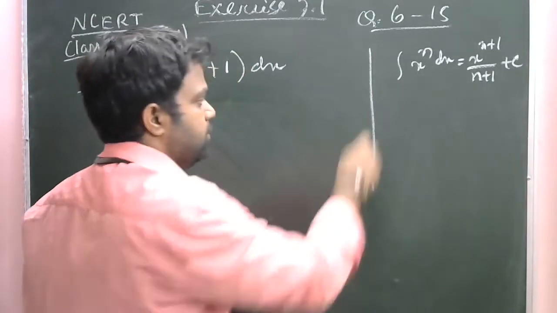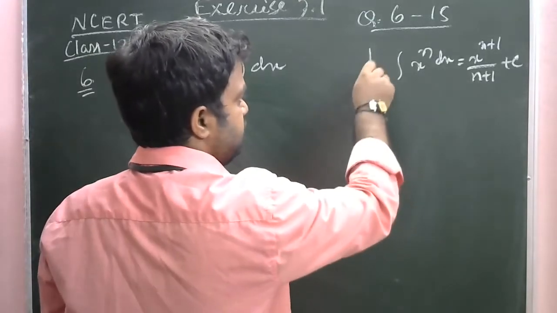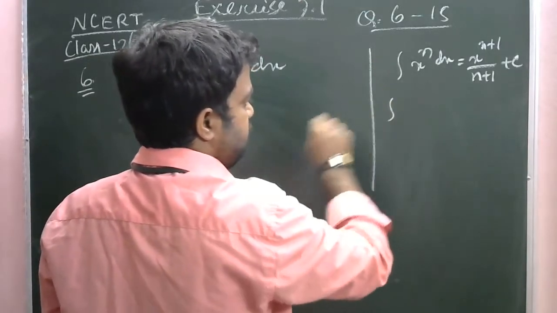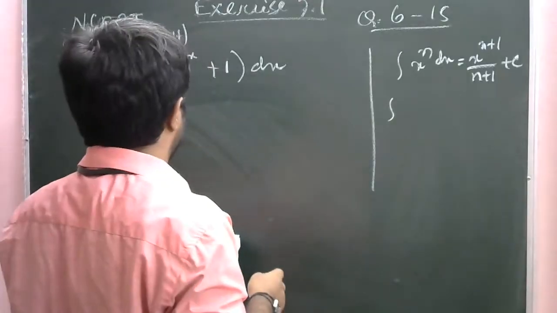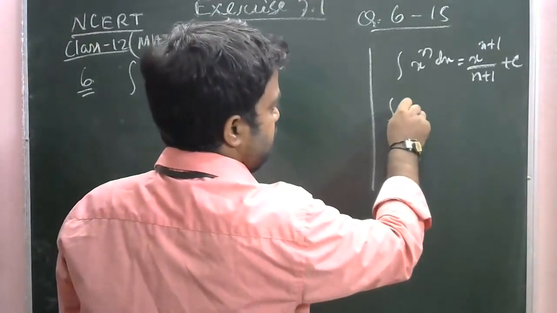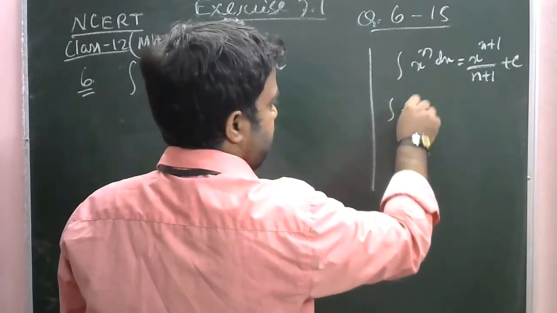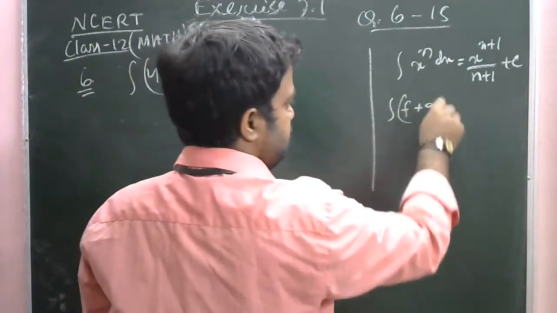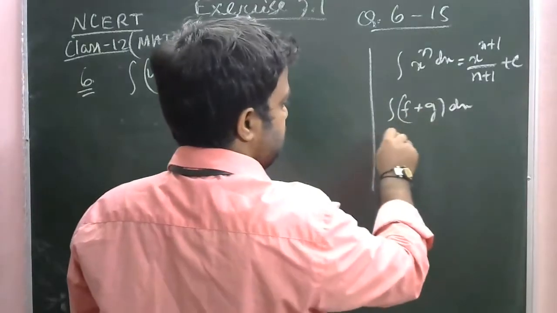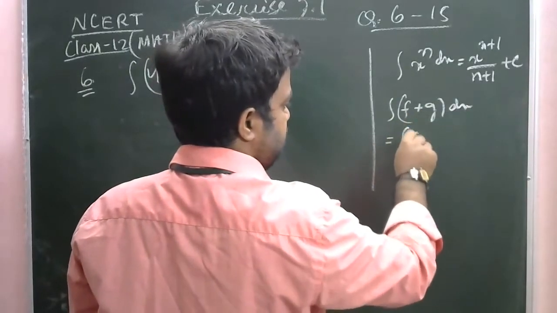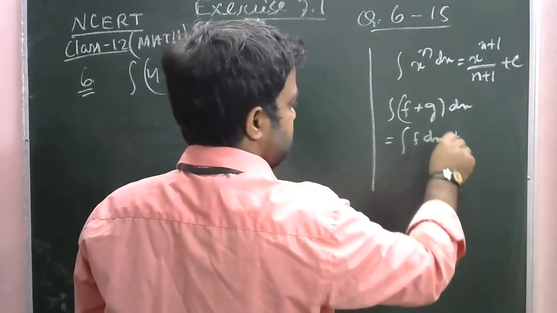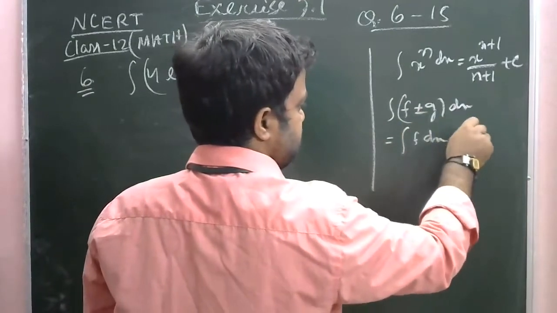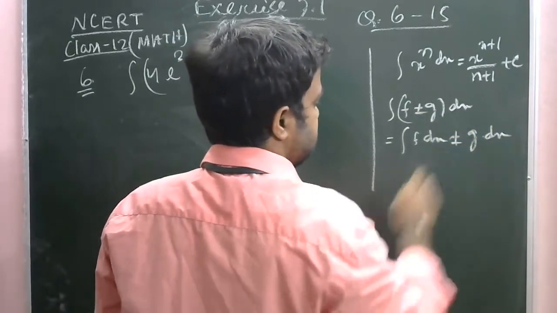Like another formula, integration of f plus g, where these are two functions, f of x and g of x, dx is integration of f dx plus or minus integration of g dx.